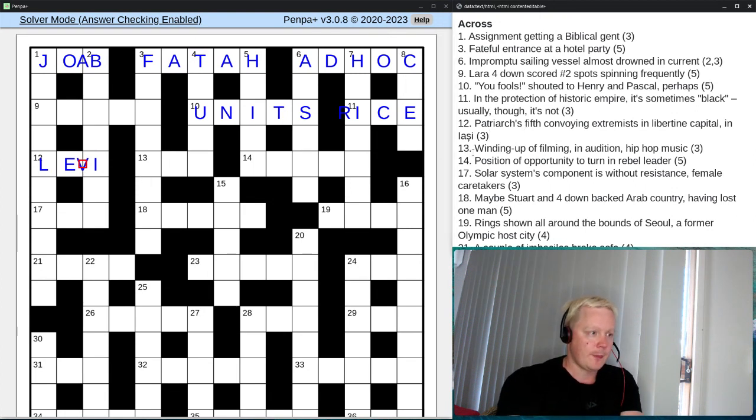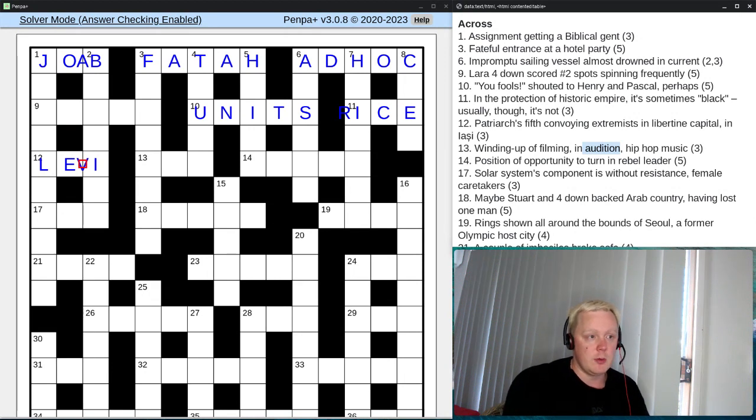Now, let's see. 13 across. Winding up of filming, in addition, hip-hop music. In addition, if you see this, it almost always means take a homophone of a word.